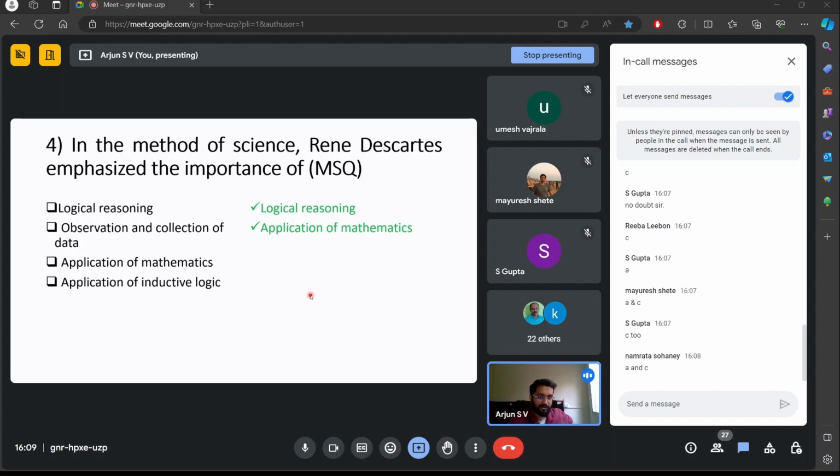That was also part of Francis Bacon. So the remaining two options should be the correct options if it's an MSQ. That's why I'm going for logical reasoning and application of mathematics. But logical reasoning is also a half-baked answer, because Rene Descartes asserted only the deductive part of it.